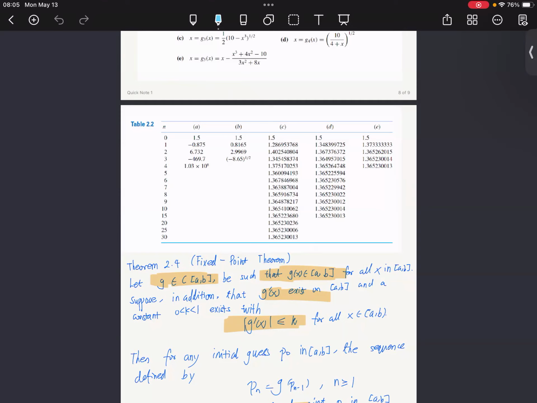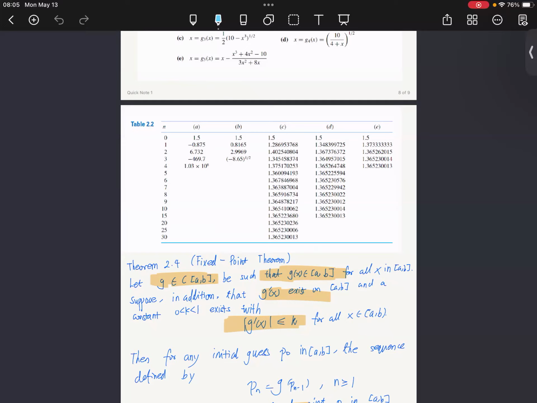From these examples, we are wondering how we can choose the function g such that it has a convergent result. This is the fixed point theorem, and the assumptions are quite similar to the fixed point existence theorem, that is theorem 2.3.